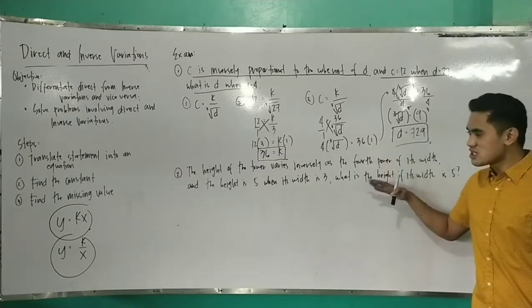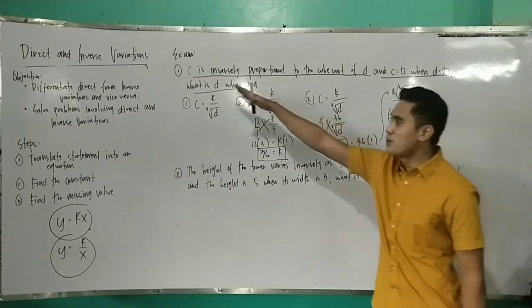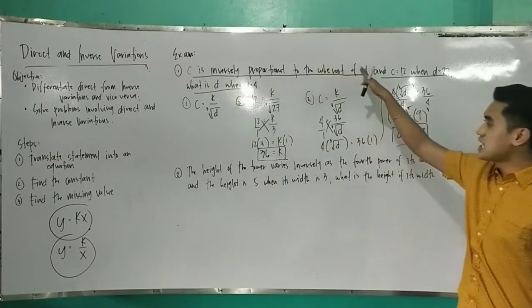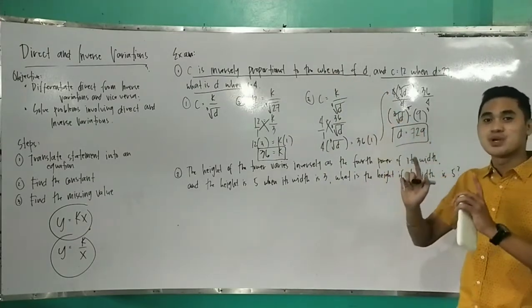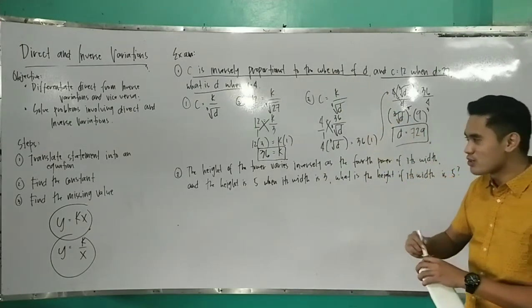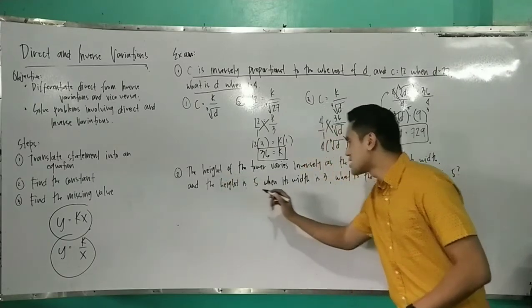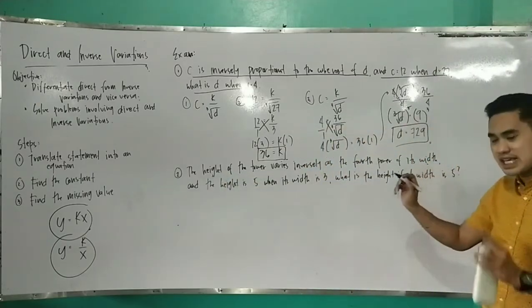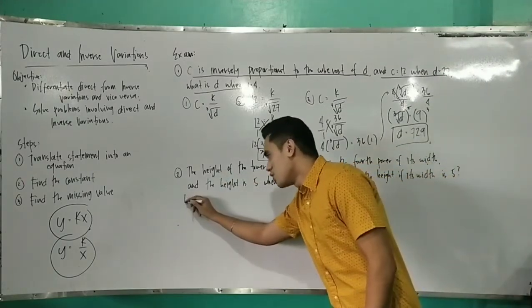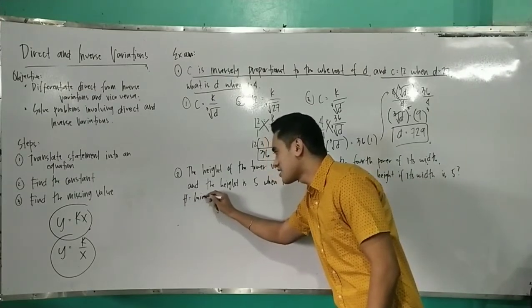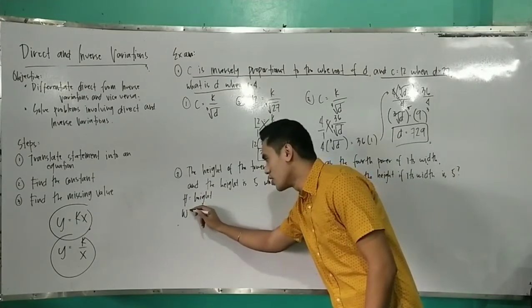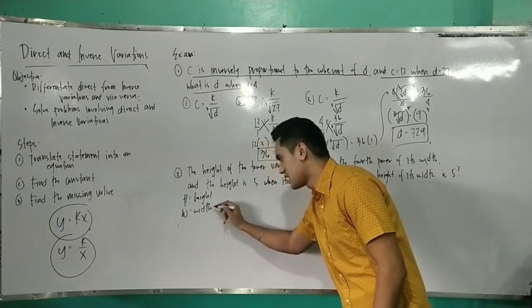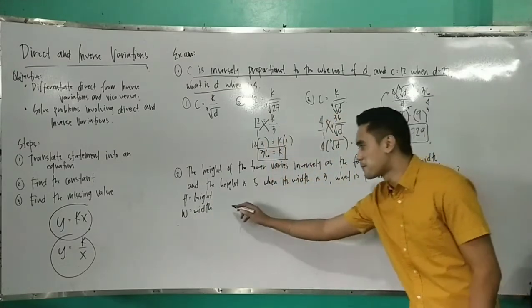Ngayon, yung case dito, wala kayong kahit anong variable na C o kaya D. So ibig sabihin kayo mismo yung gagawa. At dito, meron tayo ditong height at saka width. So, ang gagawin ko, yung H, ito yung gagawin kong height. Ayan. Then yung W, ito yung gagawin kong width. Ayan. Ngayon, first step.